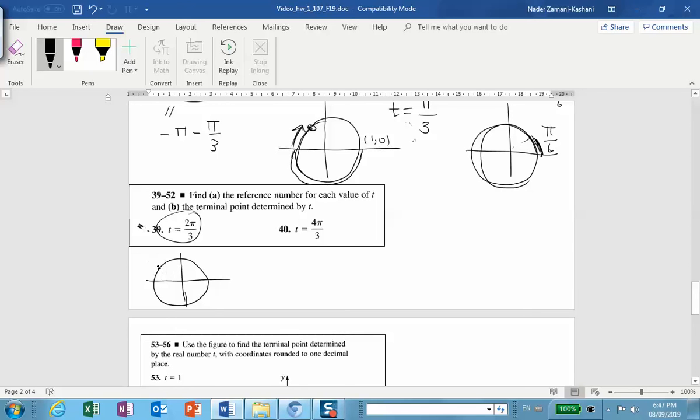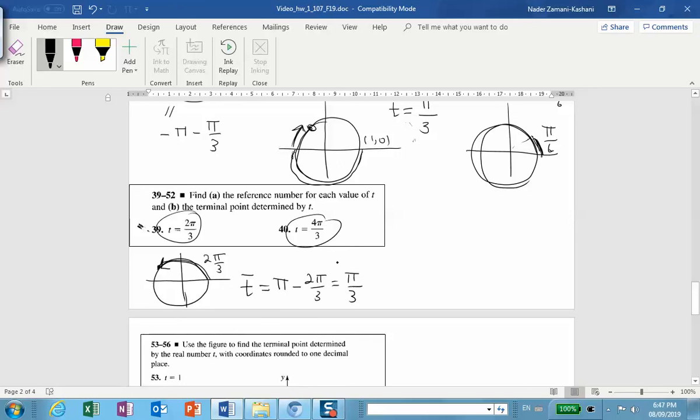This length is 2 pi over 3. The reference number is the shortest distance to the x-axis, which is this. It's going to be pi minus 2 pi over 3, and that is pi over 3, right? Pi over 3.